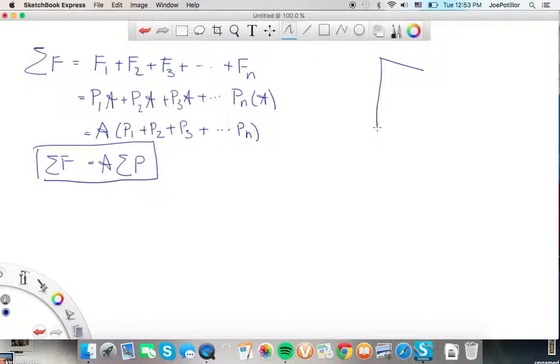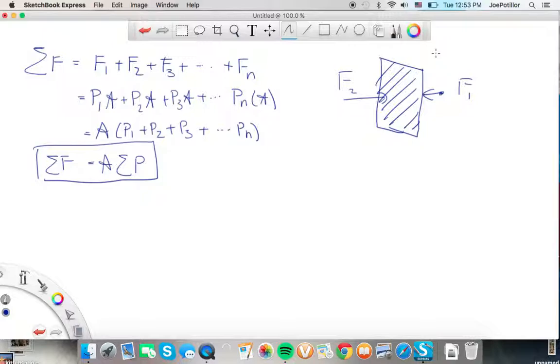We have a wall like this, and then we have a situation here. We have the gas molecule here that's exerting pressure, exerts a force this way, and there's an outside force this way, F2, we'll call it F1.